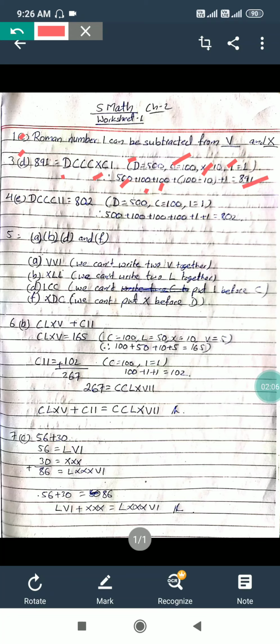Now we will move to question number 4, and the question asks, write the following numerals in the Hindu-Arabic numeral systems. Question number 4E I have done for you.